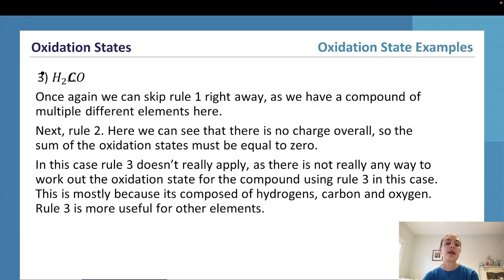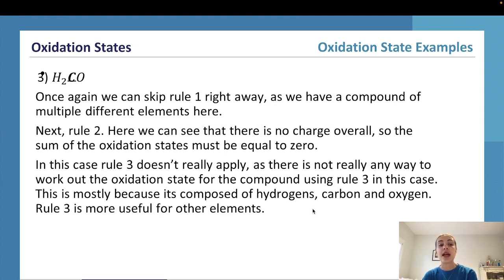And then in this case, we know that rule number 3 is not really going to apply because we don't have those group 1 metals in there, or group 17 elements, so we can't apply that, and this is because it's mostly composed of hydrogen, carbon and oxygen, so rule number 3 is typically more useful for other elements.